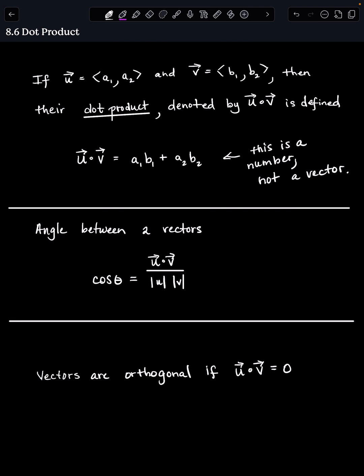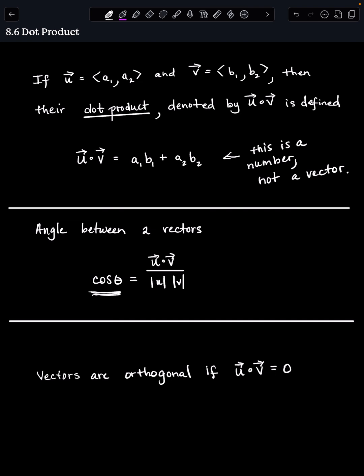Remember that the magnitude is the length. All right, and this actually comes from, notice we've got a cosine. This actually comes from the law of cosines, and I'm not going to prove it or show it to you. Just know that if we're looking for the angle of two vectors, we need our cosine function, and then we need our dot product and our magnitude in order to find those.